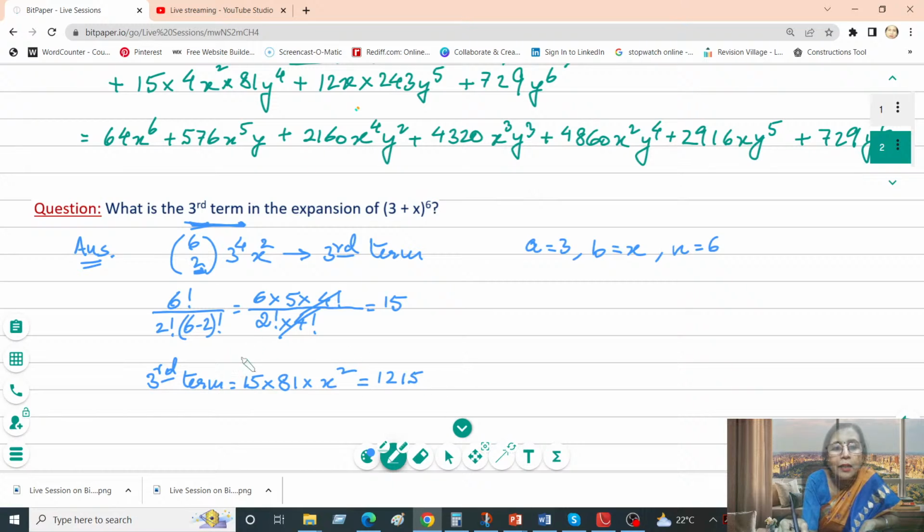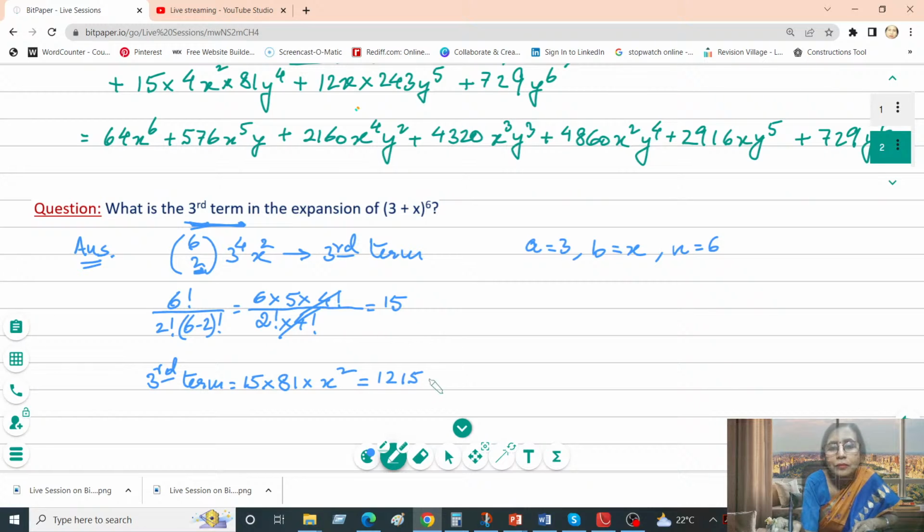Again, I am saying, since I have used the calculator for this multiplication, I could have got the 6C2 value also using the calculator. But my intention is to show how to find them manually. In case you are asked to find the value of nCr as a question in paper 1, you should know how to find them manually, or else you will not be able to answer the question.